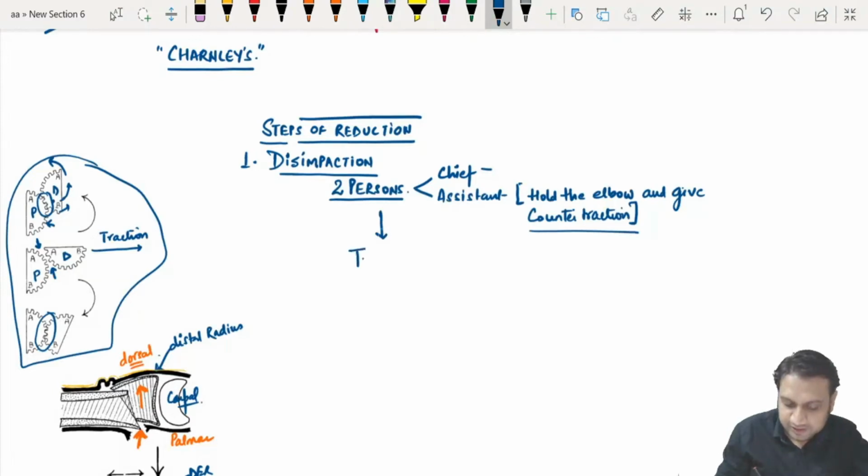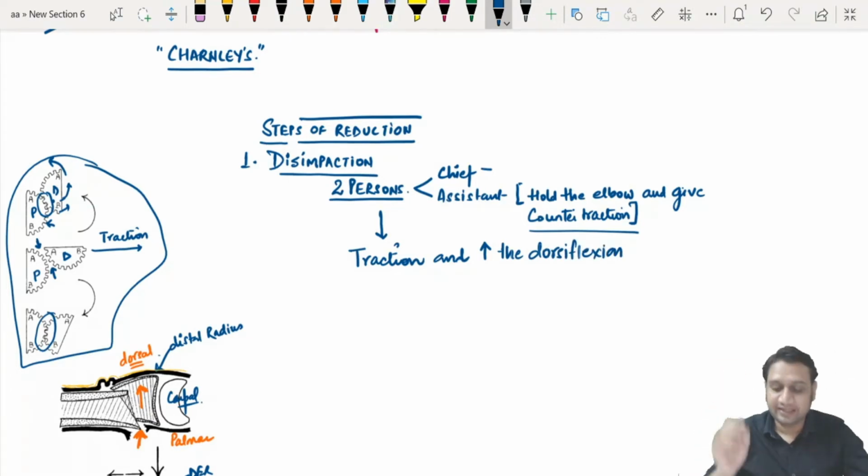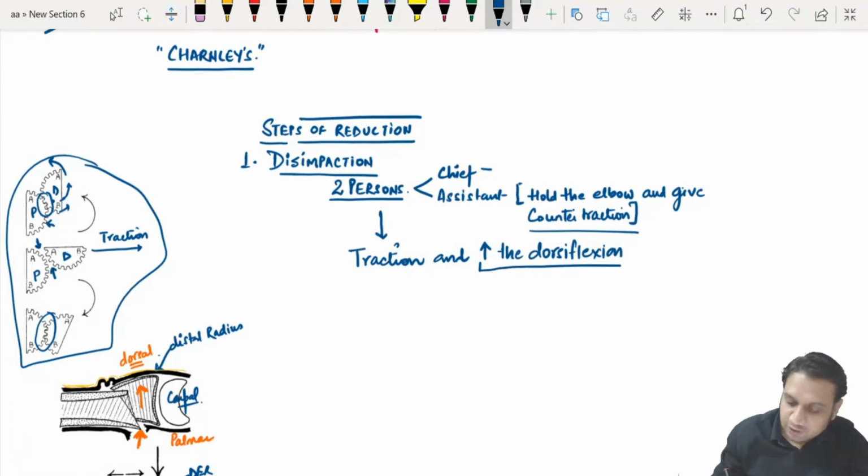One, traction. One is giving the linear traction, and second is increasing the dorsiflexion, or you can say dorsal displacement increased. What is the function of this increasing the dorsiflexion?